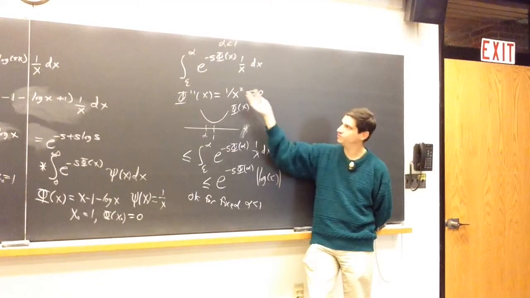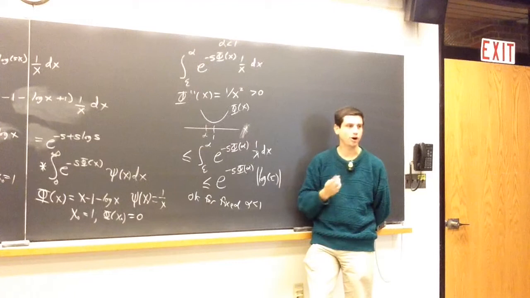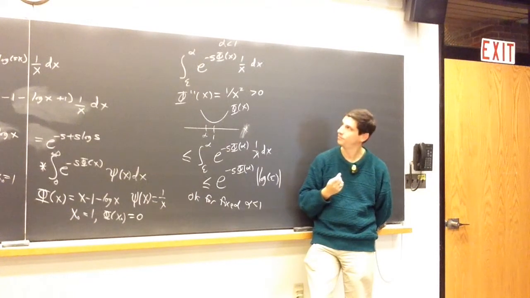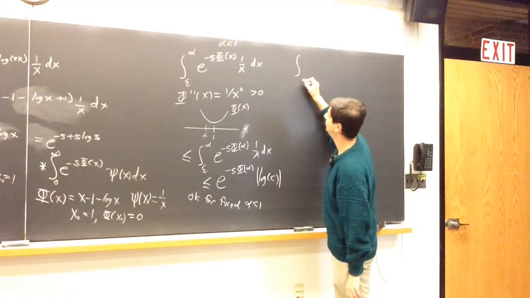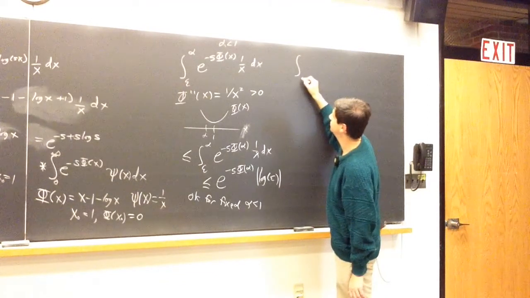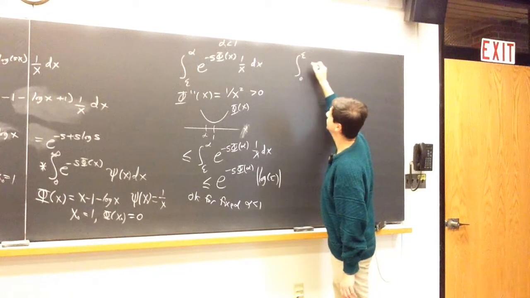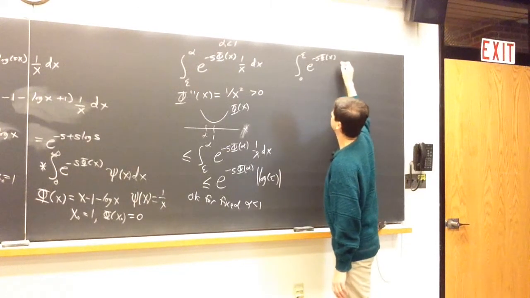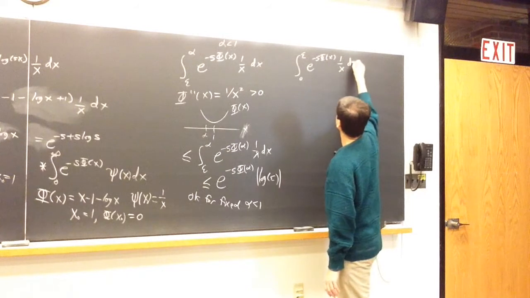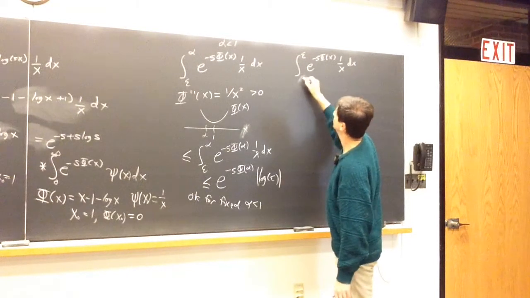Why didn't we do the interval from 0 to alpha all at once? So now we also have to do the integral from 0 to epsilon of e to the negative s phi of x, 1 over x dx.